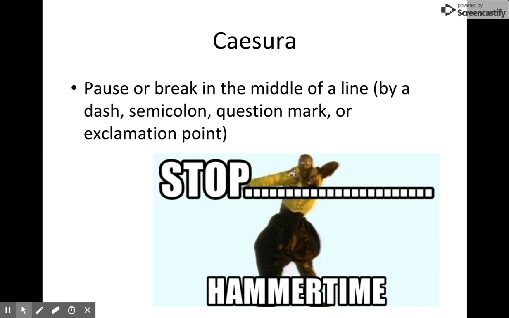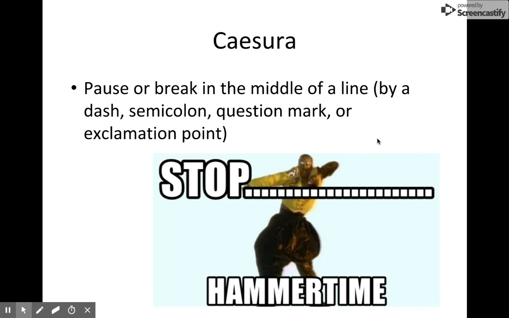So a caesura is a pause or break in the middle of the line. So it's as if you're reading a line of poetry, and typically you read to the end of the line and the punctuation. Okay, so when you have a punctuation in the middle of the line, it's just like our MC Hammer here, where he's like, "Stop, hammer time."